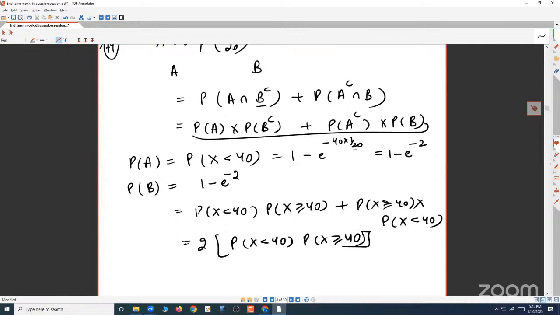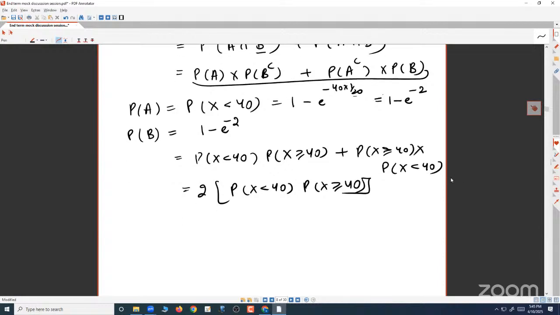Can I write it like this? Yes, ma'am. Now, probability that X is less than 40 is coming out to be this value, 1 minus e raised to the power minus 2. And now probability X greater than or equal to 40 would be 1 minus this value. Correct?